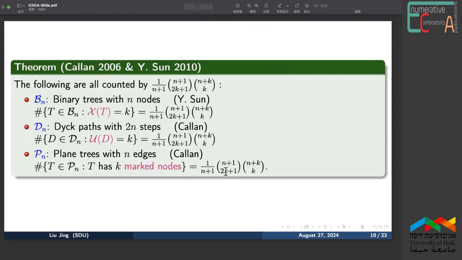In fact, it has some other interpretations on many objects, such as binary trees, Dyck paths, and plane trees. It counts the ones for which the statistic X equals k.